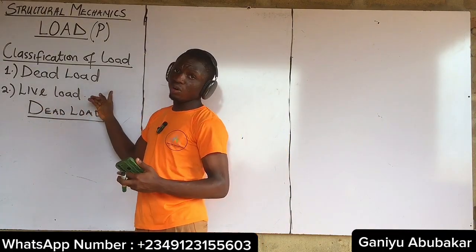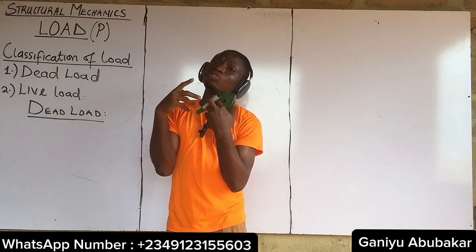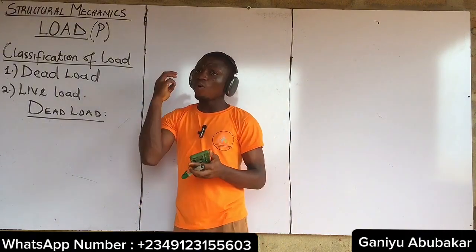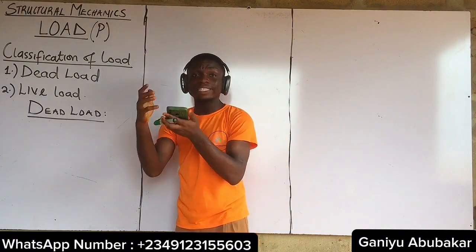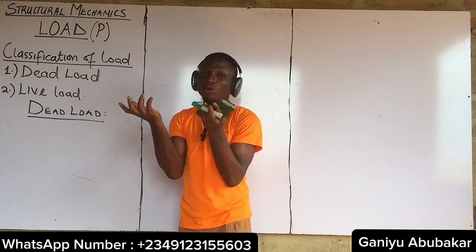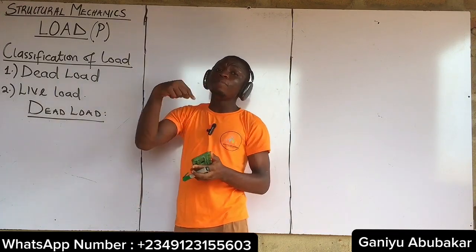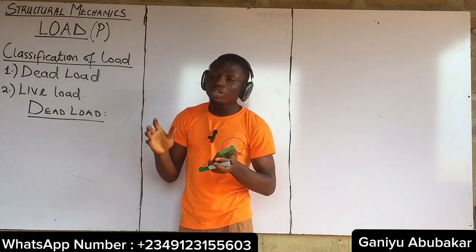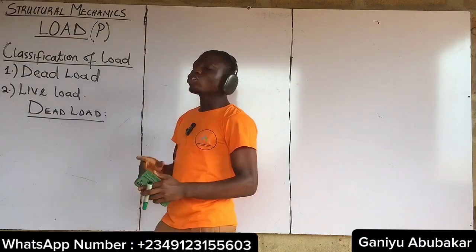Dead load. What are the examples of dead load? Number 1, there is a beam. Beam is a load, true or false? It's a heavier load, but a permanent load. If you remove a beam in a structure, it will affect the structure. So that load is called a permanent load. It will be there. So such a kind of load is called what?